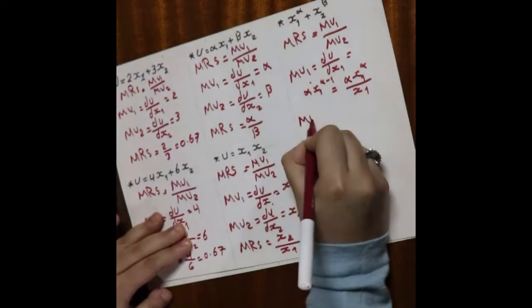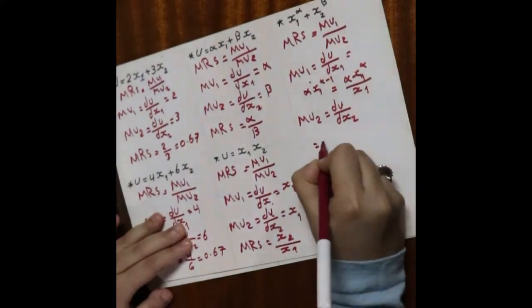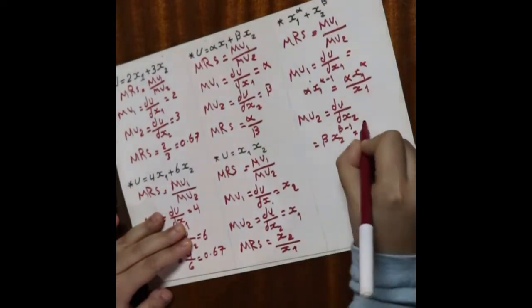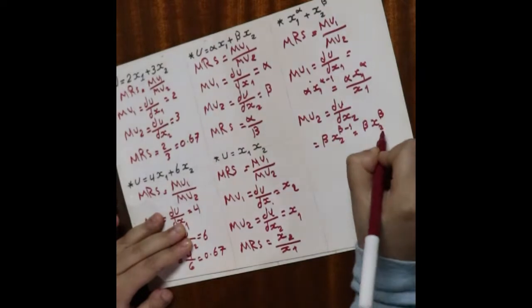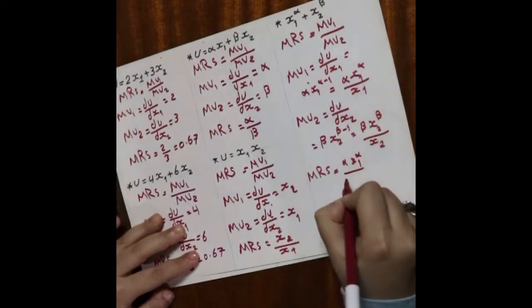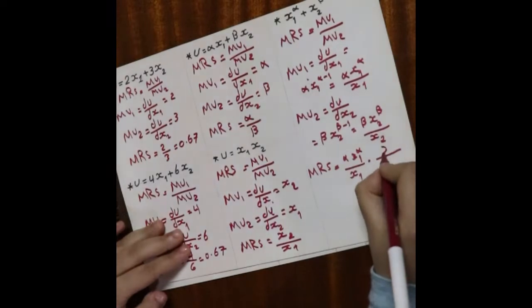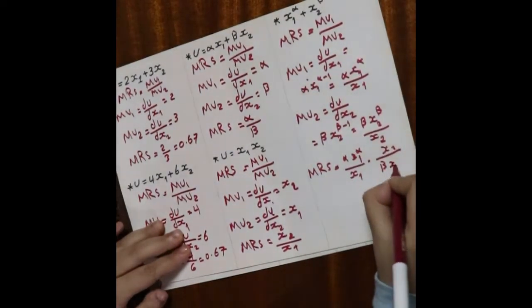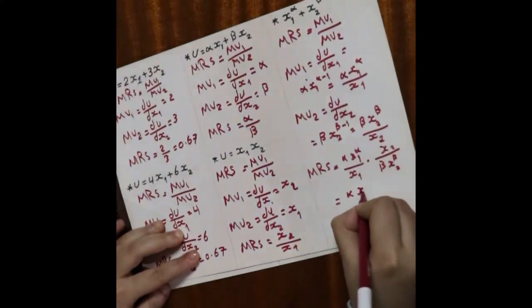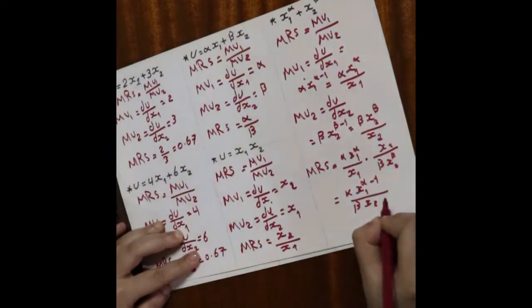MU2 equal delta U over delta x2 equal beta x2 power beta minus 1 equal beta x2 power beta over x2. MRS equal alpha x1 power alpha over x1 multiplied by x2 over beta x2 power beta equal alpha x1 power alpha minus 1 over beta x2 power beta minus 1.